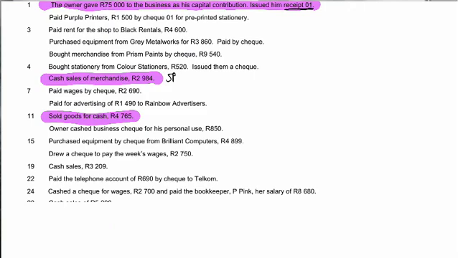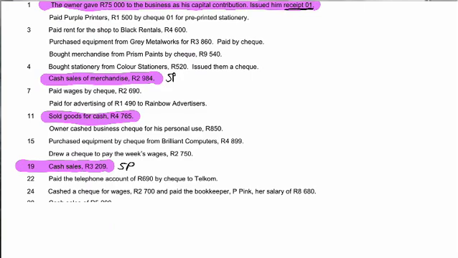On the 19th, cash sales 3,209 Rand. Okay, is that a selling price or a cost price? It's a selling price. Cool, so we'll make another little note there, SP.